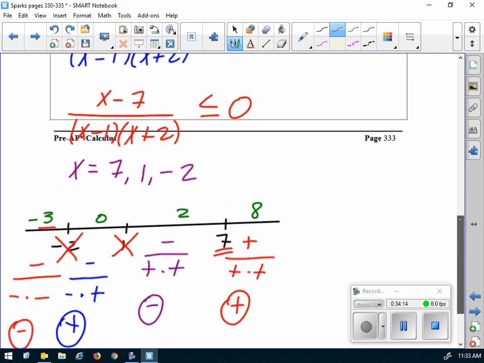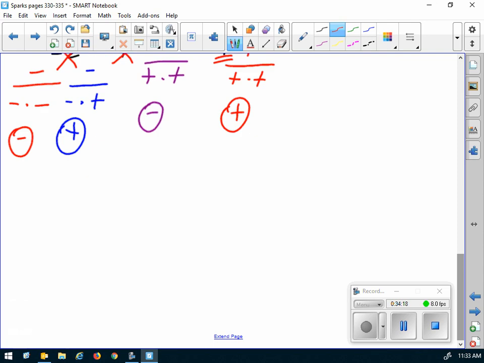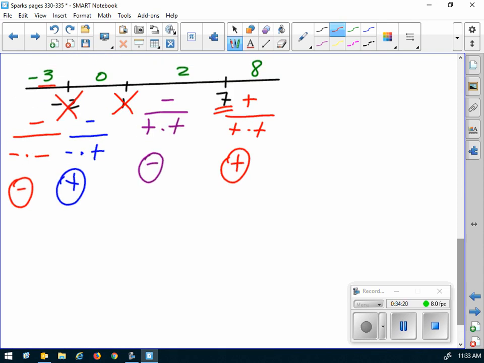Okay. I need less than or equal to 0. So less than, what have I got? How's that?